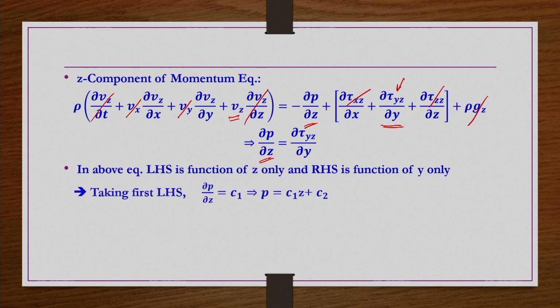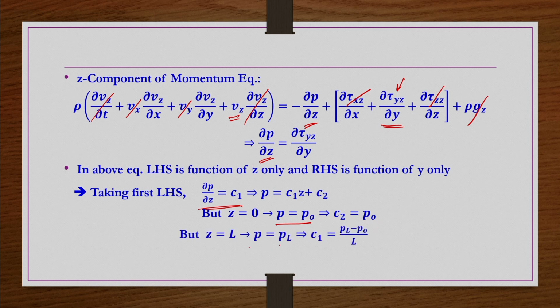So, if dou p by dou z is the constant C1, then P is C1 z plus C2. Apply the boundary conditions: at z equals 0, let us say P is equal to P naught, then C2 is P naught. At z equals L, if P is equal to PL, then you get C1 equal to PL minus P naught by L. These are straightforward simplifications by applying these two boundary conditions in the pressure distribution equation.